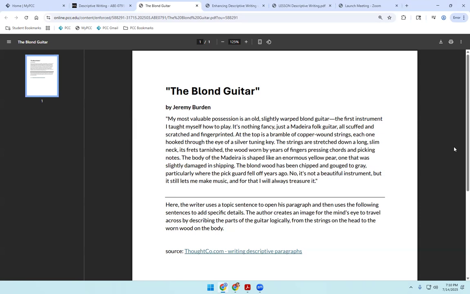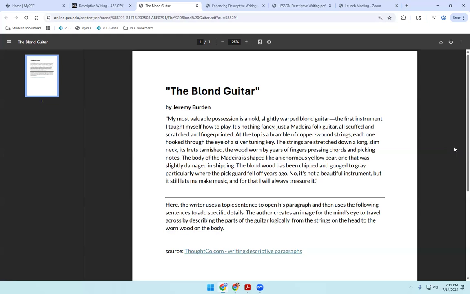Okay, 7:10. Welcome back. So the first example that I have to share right now is called The Blonde Guitar by Jeremy Burden. So you'll notice that when we are focused on descriptive writing, just because we're focused on that doesn't mean it doesn't have all the pieces of writing that we've already talked about.